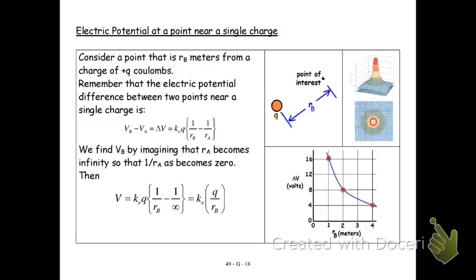Let's say I want to find the electric potential, not the potential difference between 2 points, but the electric potential of a point. So I say my change in potential is equal to KEQ times 1 over R B minus 1 over R A. And we say, well, let's compare between a point of interest and infinitely far away.